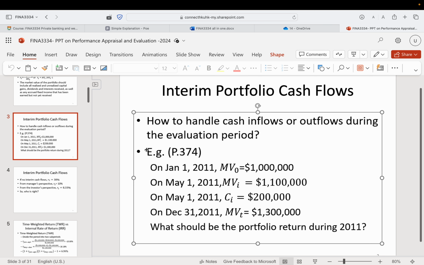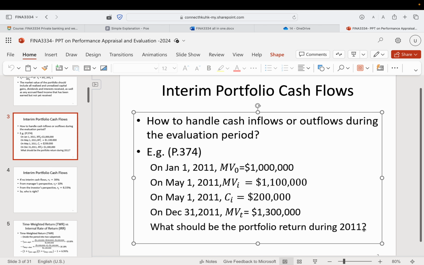So in the beginning of the year, I give him 1 million, and then in May he tells me that now the 1 million is up to 1.1. Okay, so I give you another 200,000. Seems to be good, but at the end of the year I got 1.3. So what will be the return of the portfolio? If you look at the total number, I give 1 million, and at the end of the year I get 1.3.